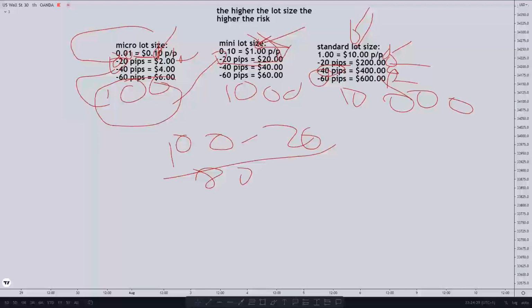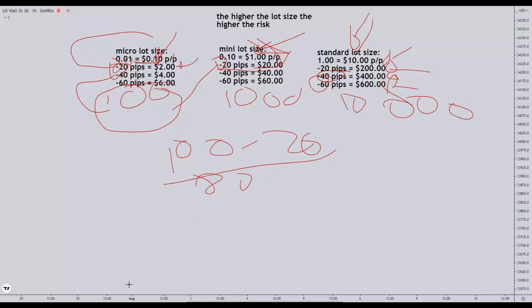Already I'm exposing my account. That's about 20%. Let me just quickly do the calculations here. It's going to be 100 times... yeah, it's about 20%.